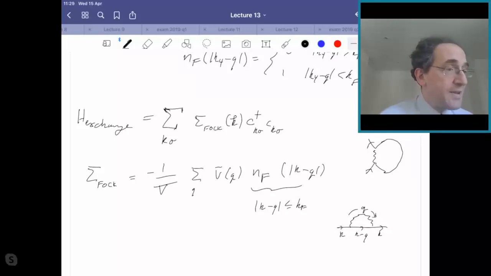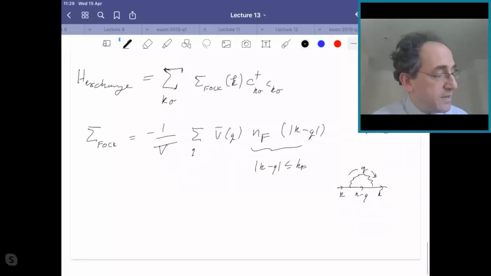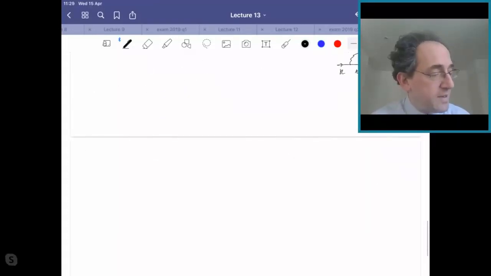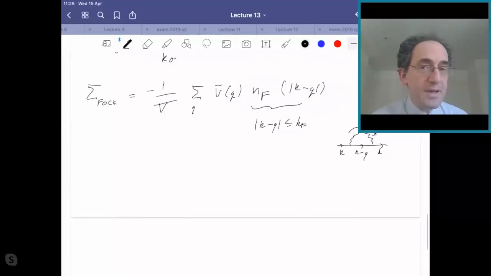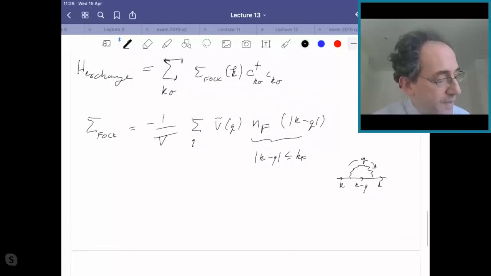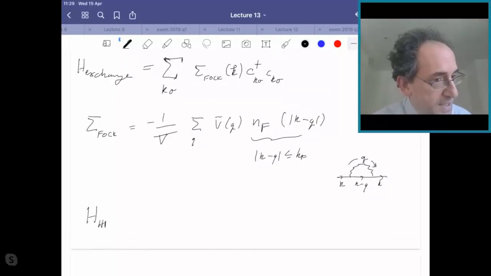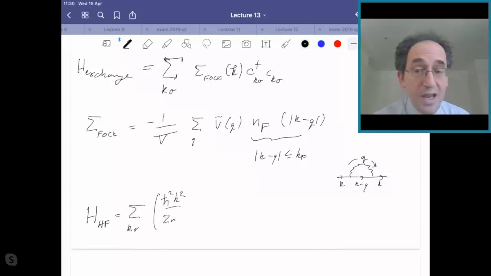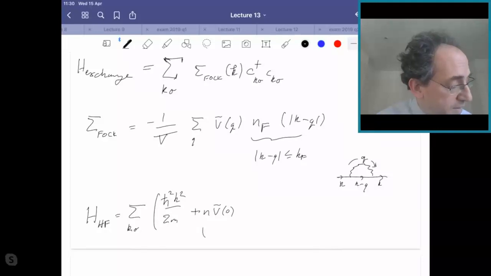So putting all of this together, we have everything together here. H Hartree-Fock is then going to be the sum over K and sigma. There's the h bar squared k squared over 2m, just the non-interacting part, that's H naught. There's density times V twiddle of 0, that's just the charge at q equals 0, the Hartree term, n being the total number of particles divided by the volume.